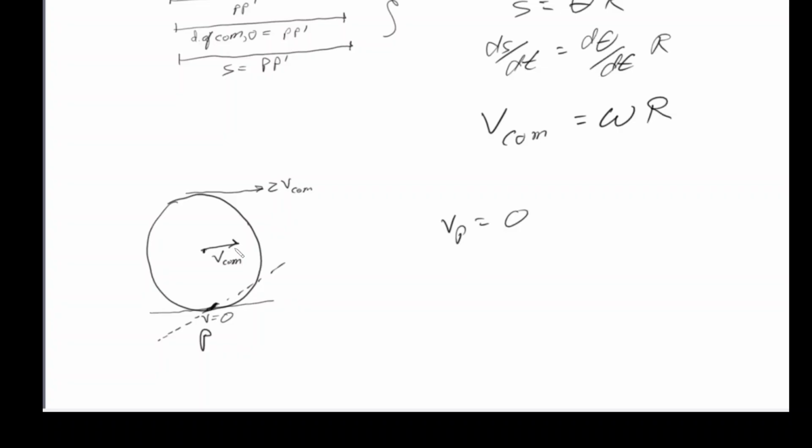And we know the velocity of the center of mass is at point O. If you go through the derivations in the textbooks, you will see that the velocity at the top of the wheel is equal to 2 times the velocity of the center of mass.